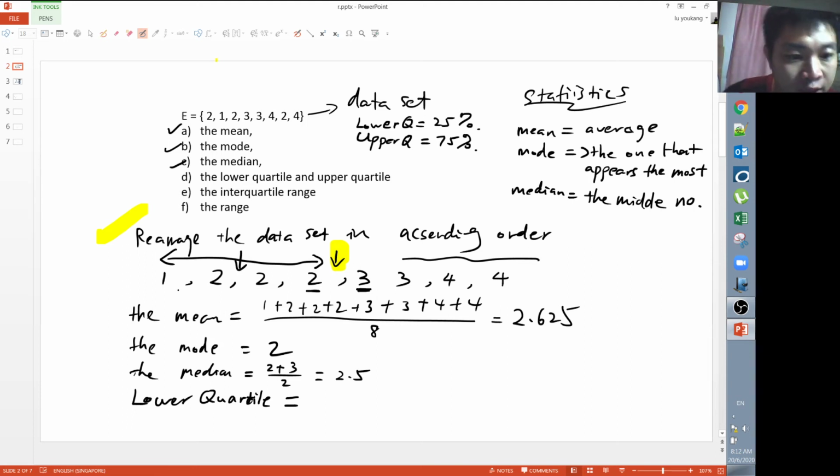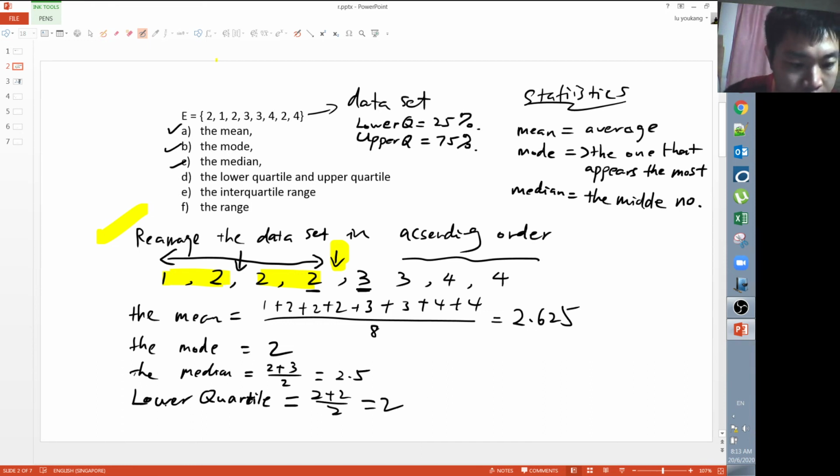You can see you have 4 values together, with 2 numbers on the left and 2 on the right. So the middle is the 25%, or the lower quartile position. Once again it's in between 2 and 2, so 2 plus 2 divided by 2, you get 2.